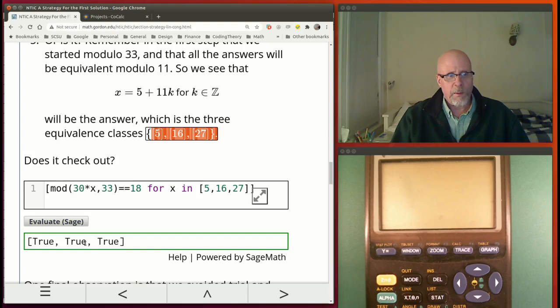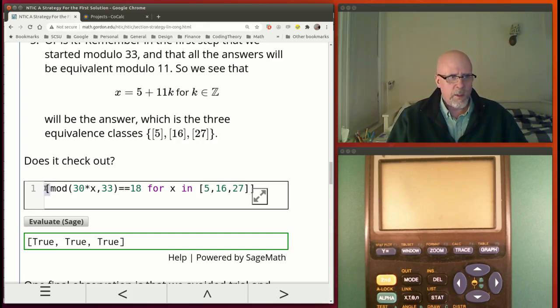I previously evaluated it, so you see true, true, true there. This syntax is a list comprehension, which I think I skipped talking about when it came up once before. So why don't we fill that gap right now? It starts with a square bracket and ends with a square bracket. That's the notation for a list. This looks a little bit like set builder notation.